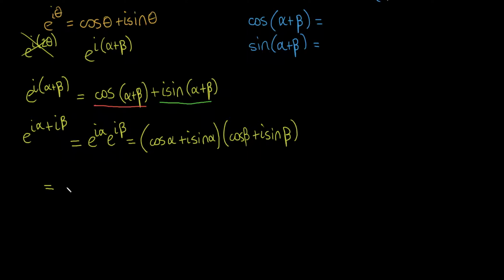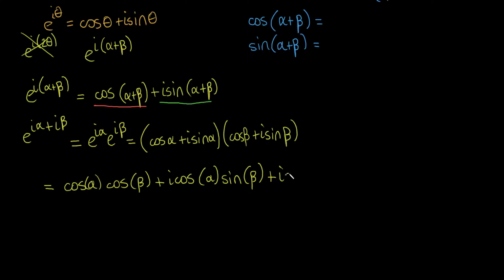We have the cosine of alpha times the cosine of beta plus the cosine of alpha times the i sine of beta, plus i cosine alpha sine beta, plus i sine alpha cosine beta, plus i sine alpha i sine beta.